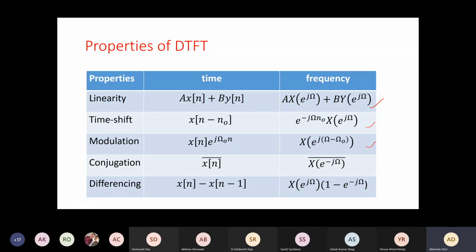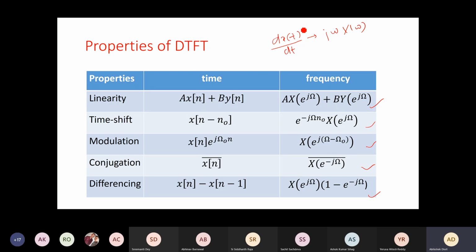We have seen all of these properties in CTFT. Conjugation is also satisfied, very similar to the CTFT case. And differencing also is satisfied, right? So differencing, of course, will be different because in the CTFT case, we have dx(t)/dt. And we have seen that this is j omega X(omega).